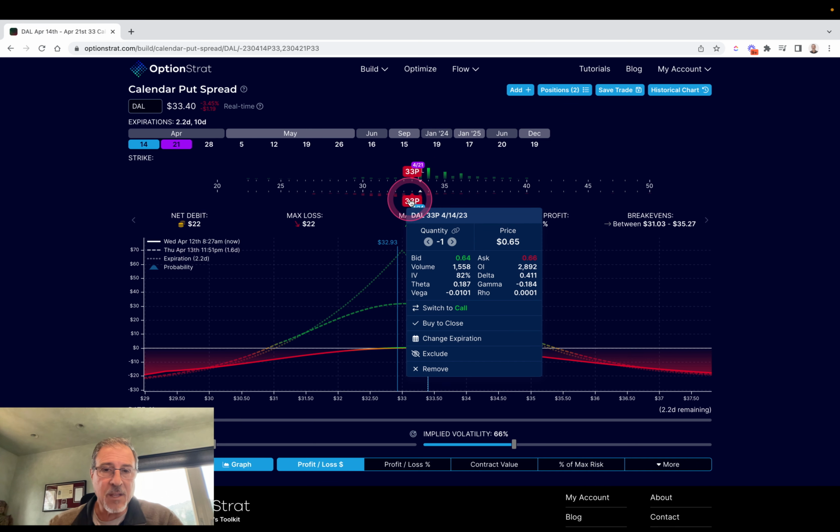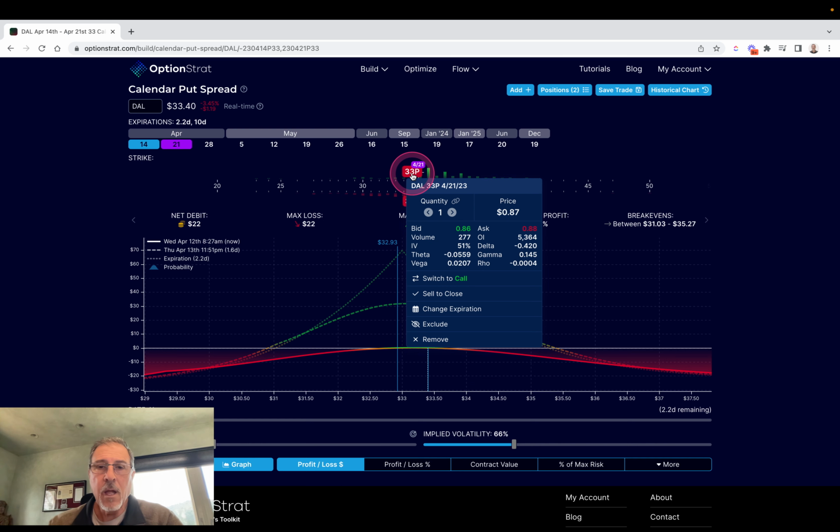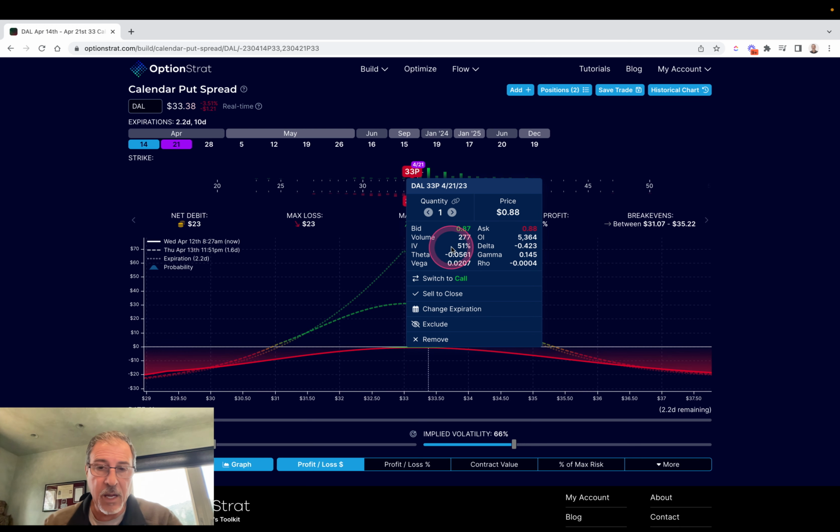We already looked at the volatility here. This is 82%. Look at the volatility a week out. It is considerably less. That means that there's less people that are paying a higher amount of money to own this one.